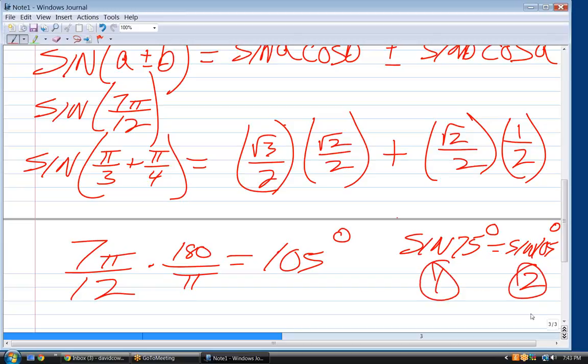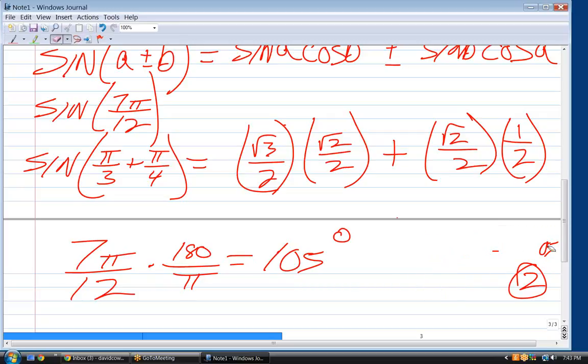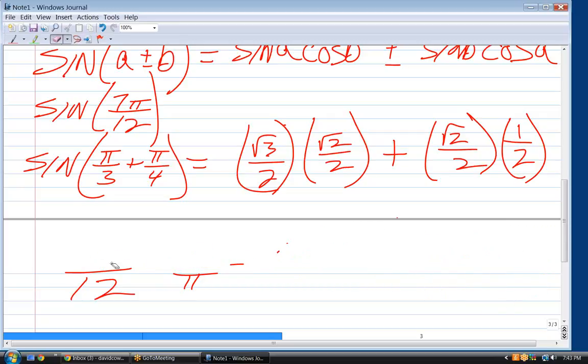That's the second quadrant angle. That's the same thing as the 75 degree angle. And they're both positive. Sine is positive in the first quadrant, positive in the second quadrant. So the sine of 75 degrees should be the same as the sine of 105. And it was.